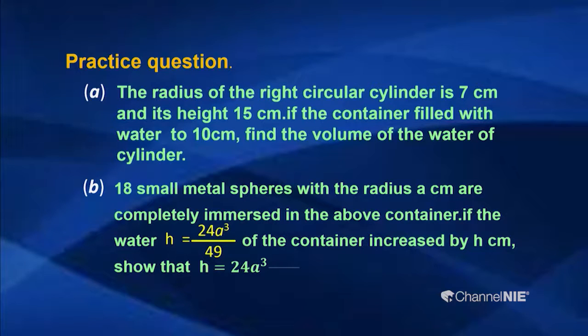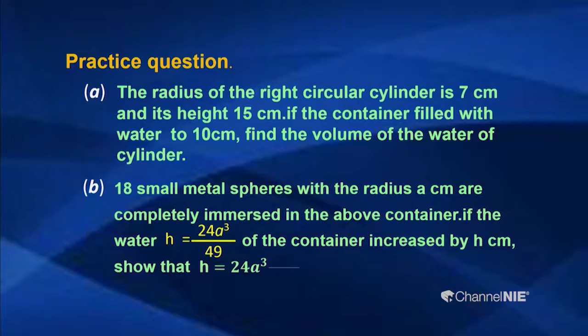Then number 2, part B: 18 small metal spheres with radius a centimeters are completely immersed in the above container. If the water level of the container increases by h centimeters, show that h equals 24a cubed over 49.